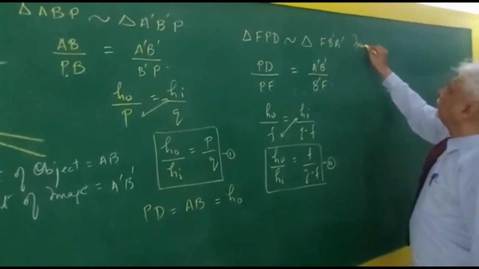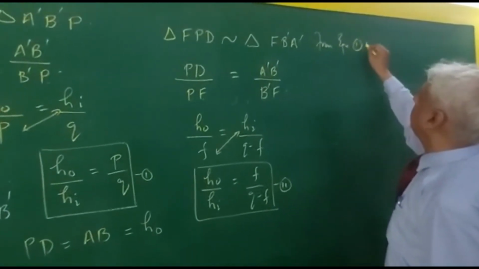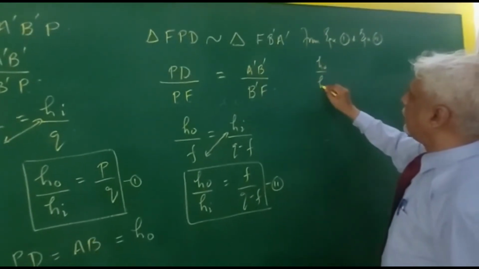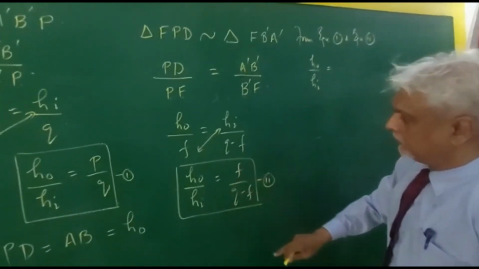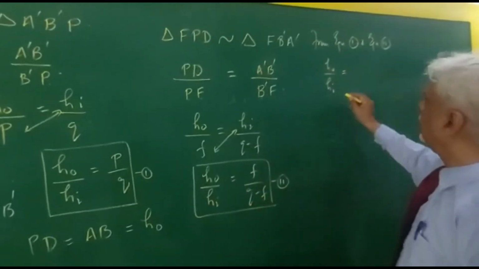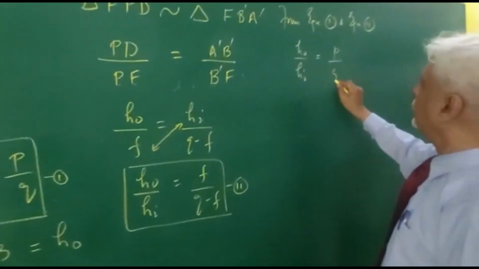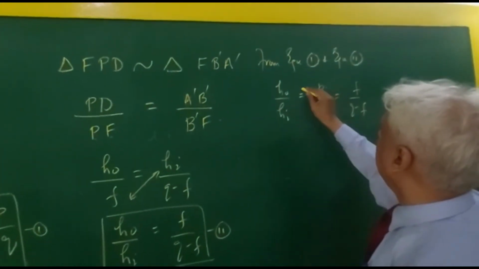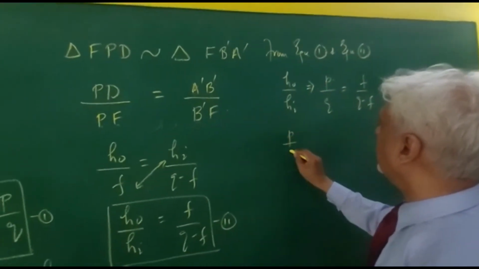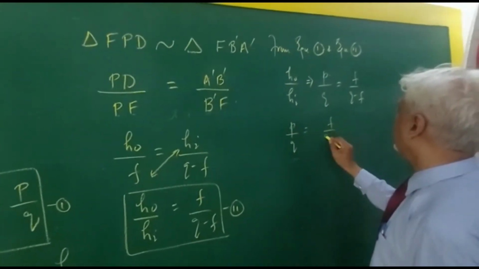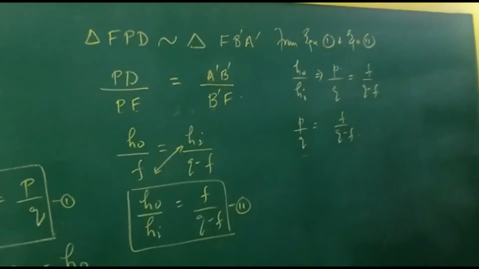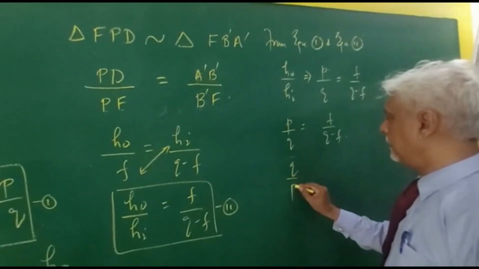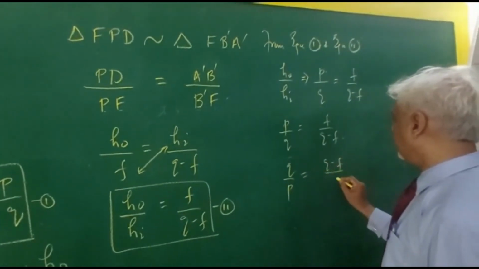From equation 1 and equation 2, we conclude that HO upon HI is equal to P upon Q, which is equal to F upon Q minus F. So we have P upon Q is equal to F upon Q minus F. Now, I can reverse this, so I get Q upon P is equal to Q minus F upon F.